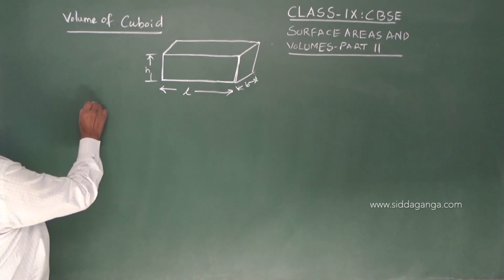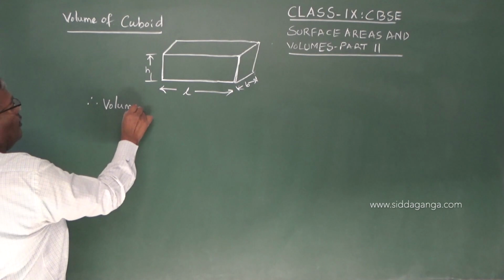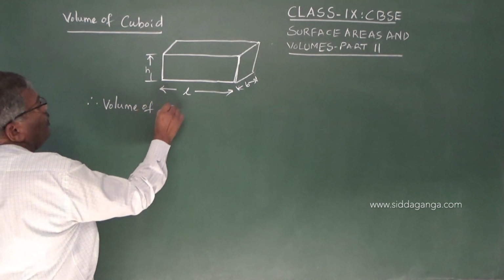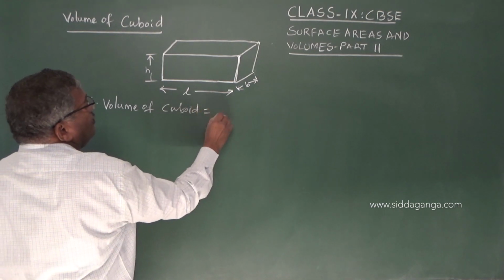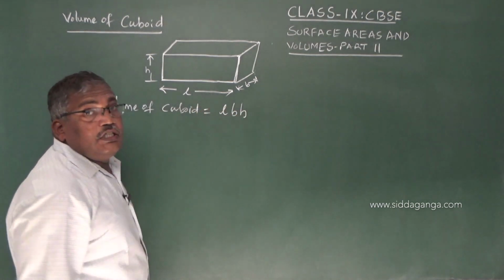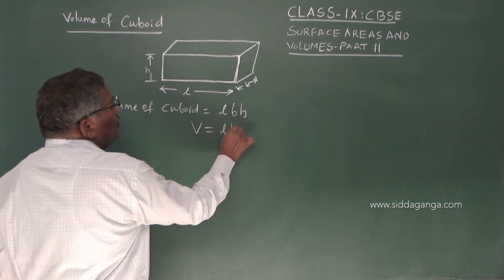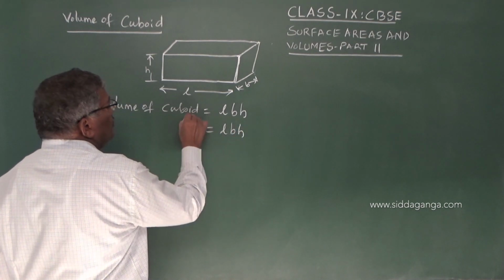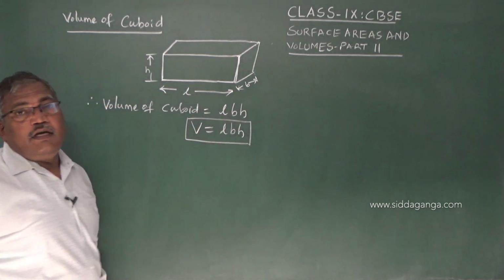So volume of cuboid is equal to L into B into H, or we call it as V is equal to LBH. So volume of cuboid is LBH.